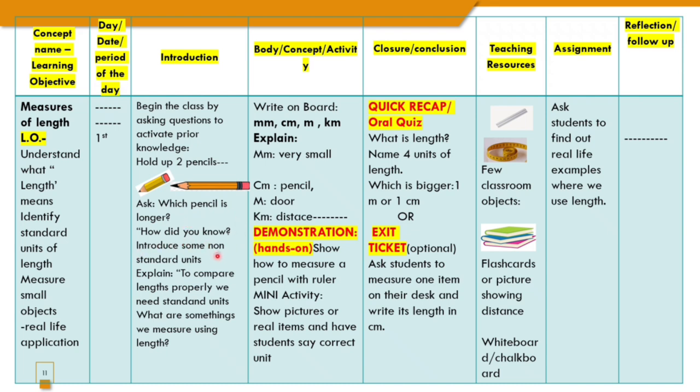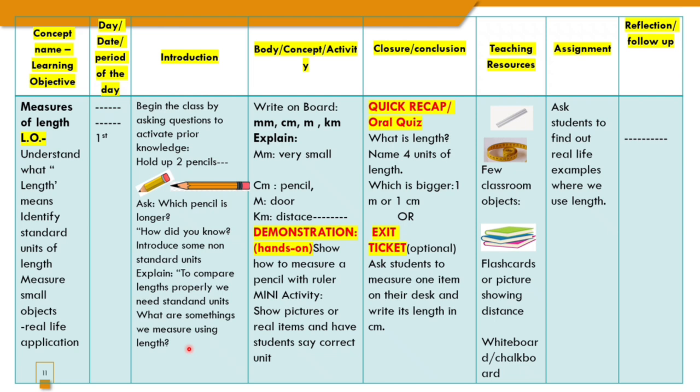Then you will introduce some non-standard units. Then you will explain that to compare lengths properly we need standard units, and from here you will introduce the topic, measures of length. What are some things we measure using length?